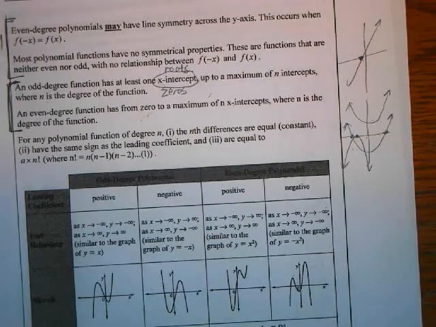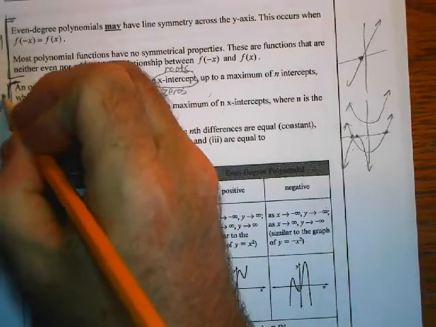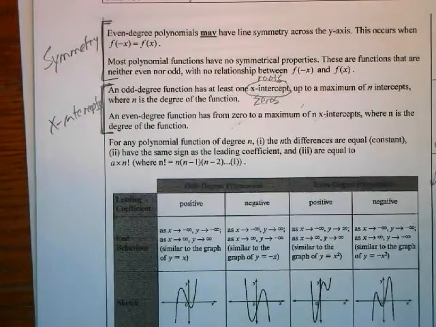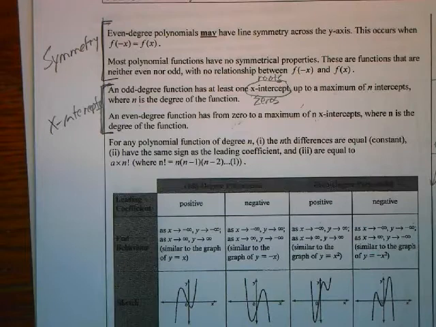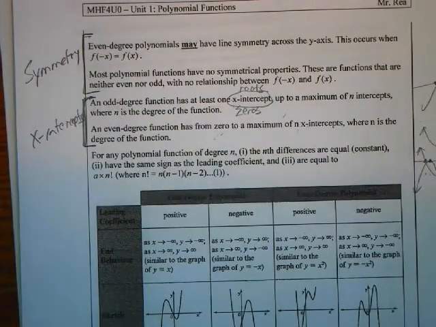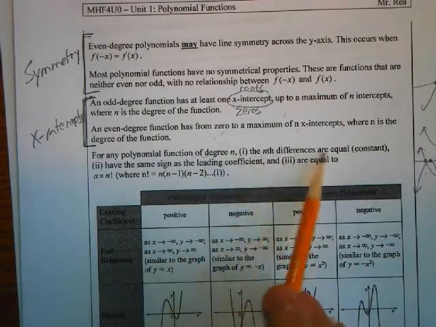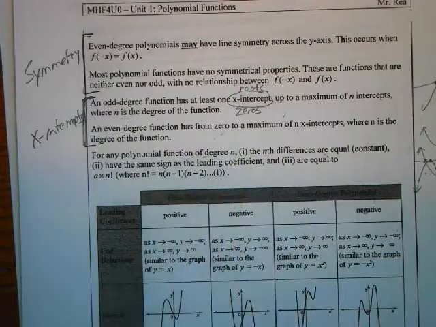Okay, so I'll just put a little note here for future reference for you. X-intercepts are there. Okay, and for any polynomial function of degree, this has to do with looking at the table of values. So it's a little confusing when you read this.